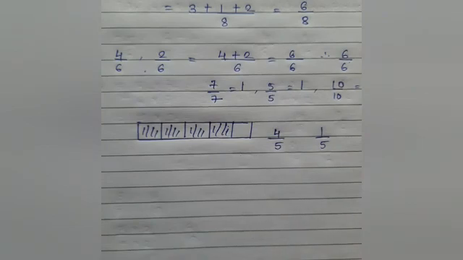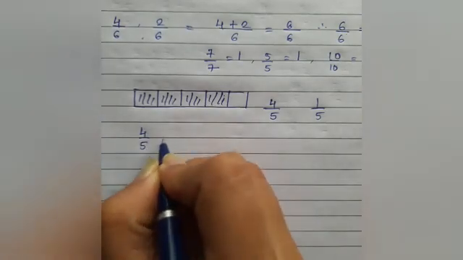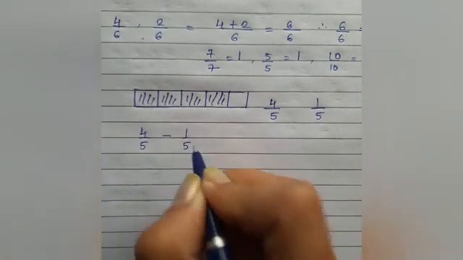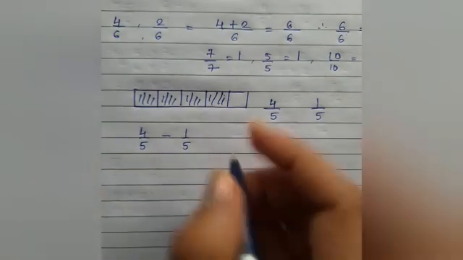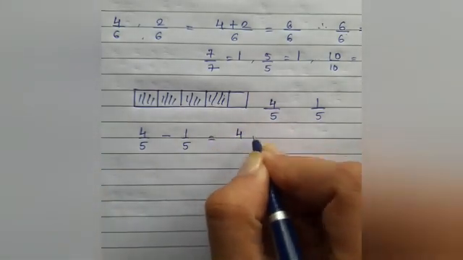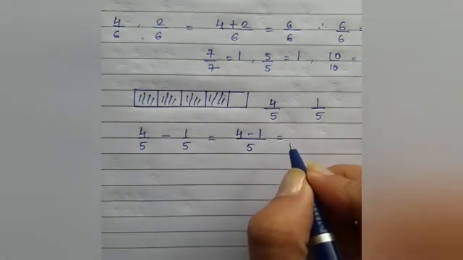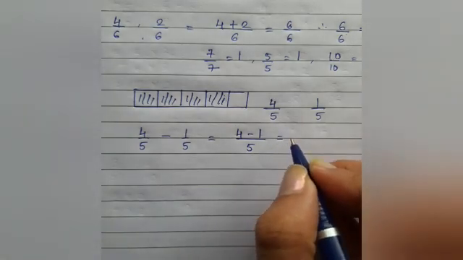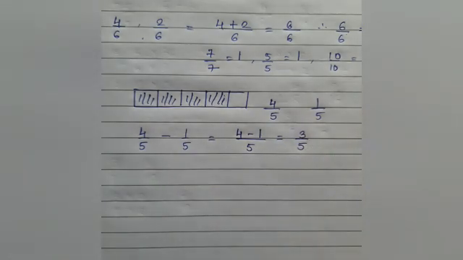So, the subtraction will be done as 4 upon 5 minus 1 upon 5. Keeping the denominator the same, the expression will be 4 minus 1 upon 5. So, the obtained fraction will be 3 upon 5. We'll take another example.